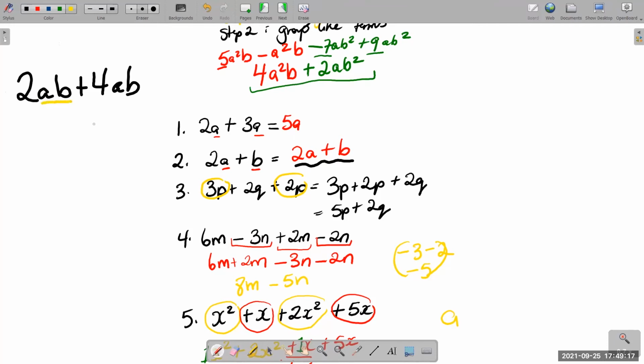This variable is AB. This variable is AB. So I can add an AB to an AB. So what would be my answer now, guys? Let's go. If you got 2 of them and you add 4 of them, how much you have? What's your answer? So one person responded. T, what's your answer? Excellent. So the answer is 6AB.